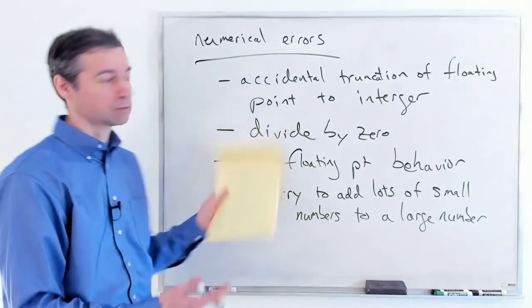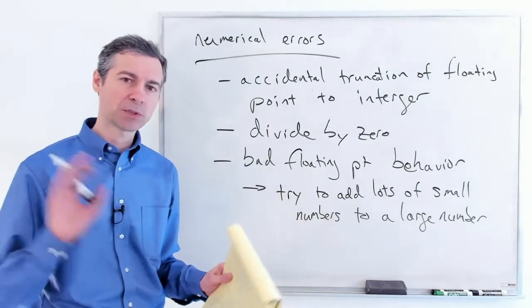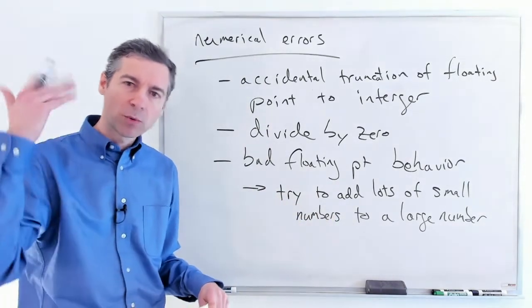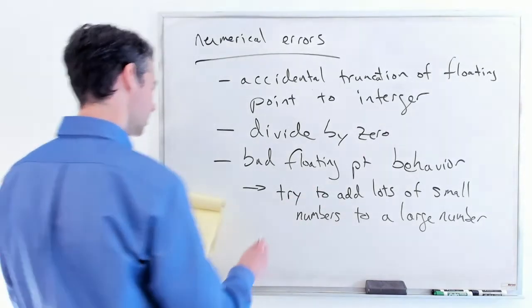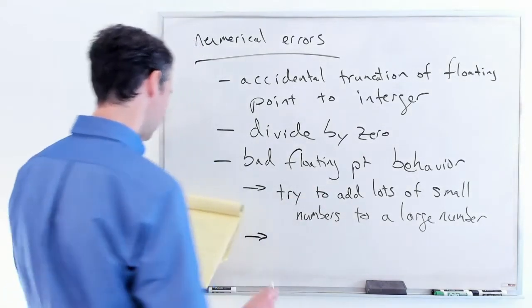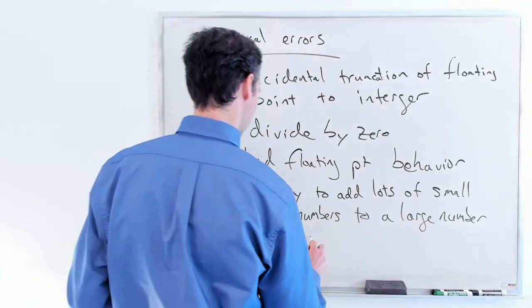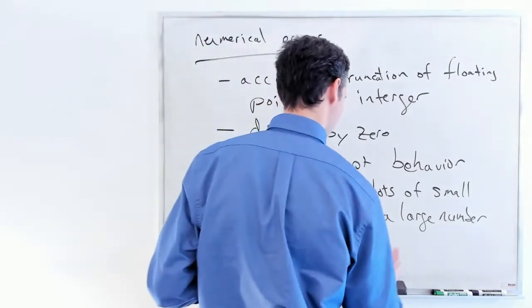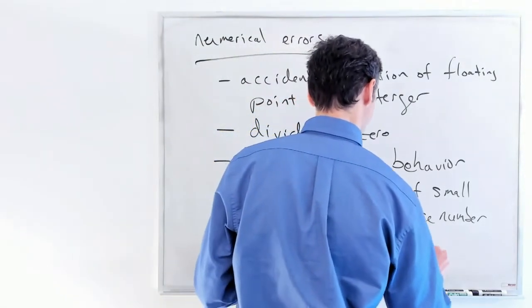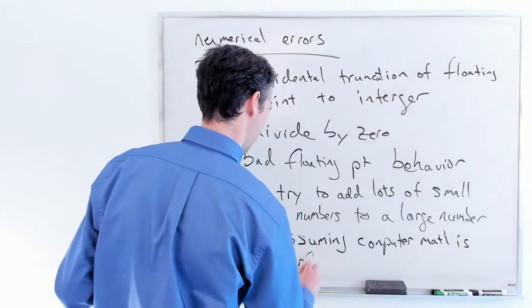Testing's not always only about our automated tests, but it's also about our code reviews. So when you read people's code, you should be looking for stuff like this to see if they are paying attention and keeping track of what's going on. Also, by the way, we see people assuming that computer math is perfect, and it's not.